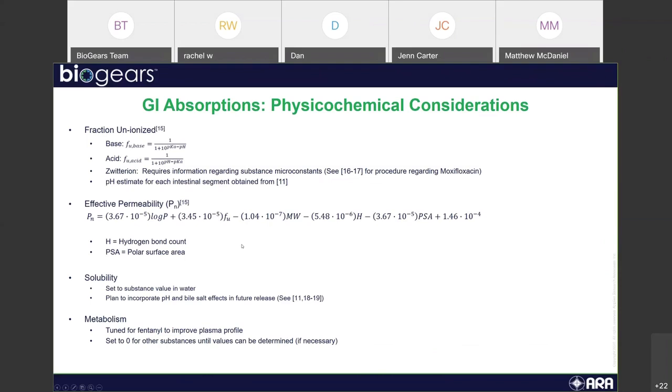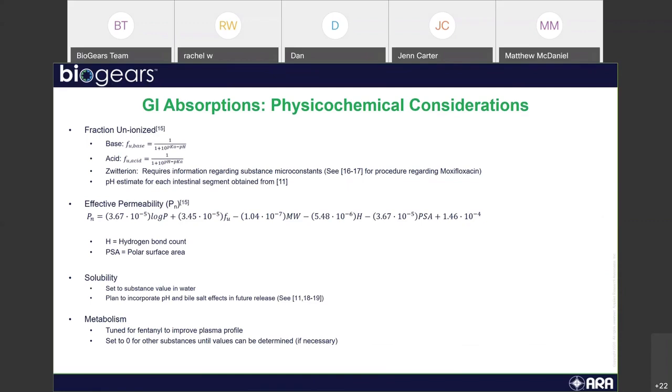Substance permeability, this is a physicochemical empirical model that basically says that the permeation is a function of the log P, so the octanol water partition coefficient, the fraction unionized, the molecular weight, the hydrogen bond count, and the polar surface area of the substance.